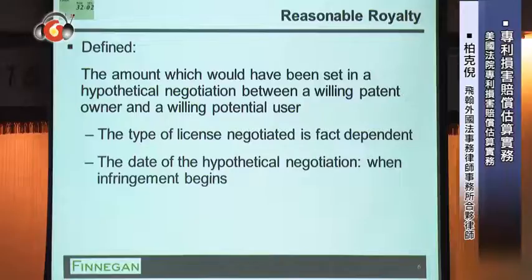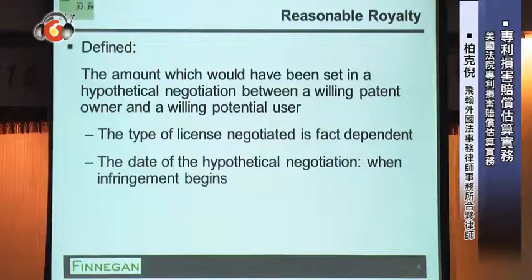But what you need to try and do in a reasonable royalty analysis is create another fictional world where instead of just releasing its product in competition with the infringer, the accused infringer sat down on the day before the first sale was going to take place, just before infringement occurred.